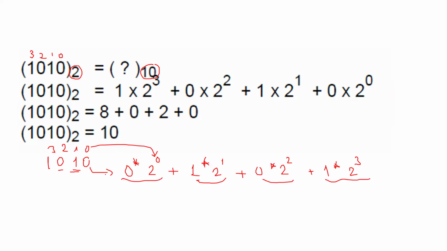Okay, and then you will see 0 for this, and then 2 for this, 0, and 8. When you add these numbers together, you will get 10 as a decimal number. Do you have any question in this part?